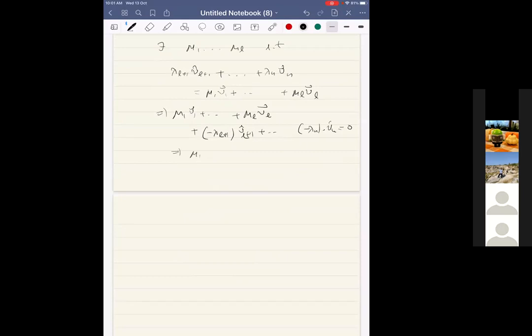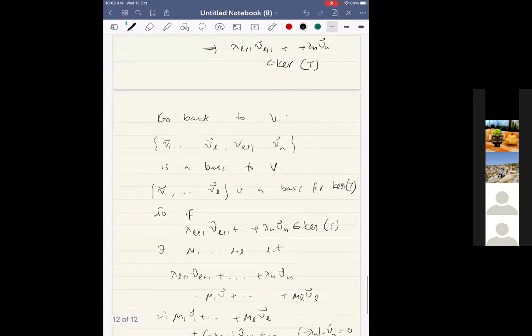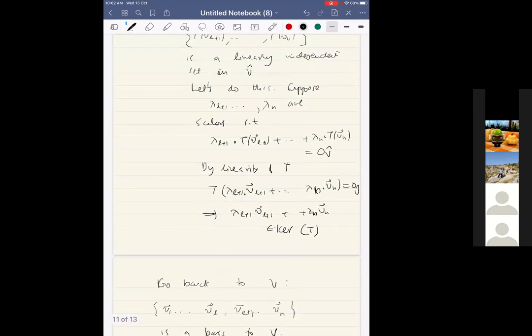This implies mu1 to mu L is 0 and minus lambda L plus 1 to minus lambda n is 0. So all of them are 0. This implies lambda L plus 1 to lambda n equal to 0, which proves the linear independence of TV1 to TVn.